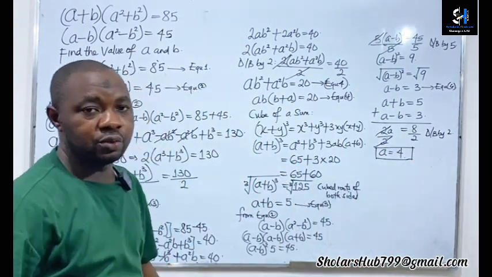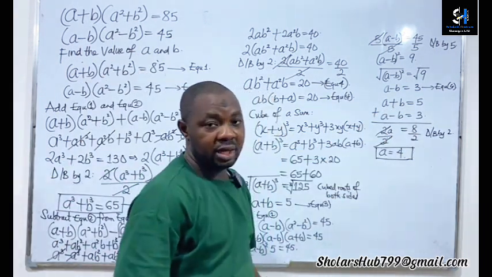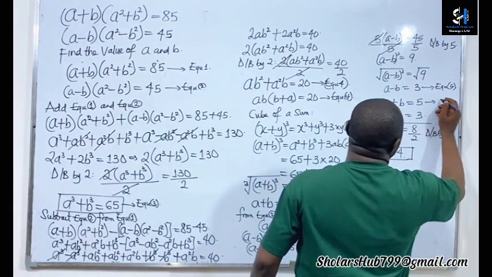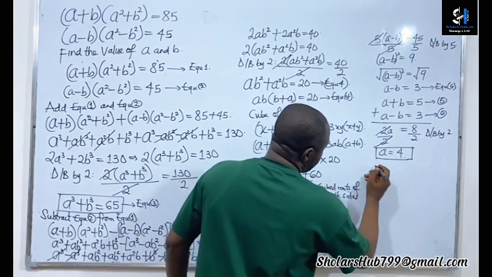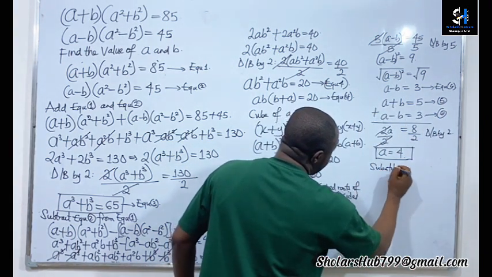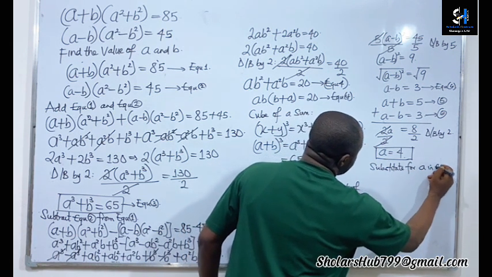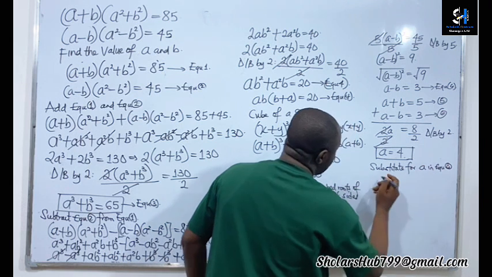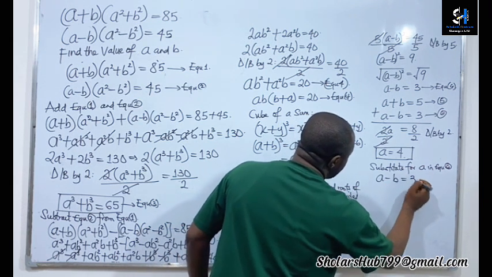We can substitute for a in any of the equations we have here: equation 4, equation 5, or equation 6. Let's substitute for a in equation 6, which is a minus b equals 3.